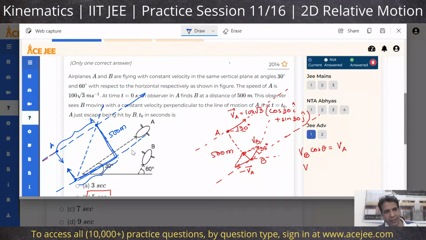They will miss each other. Yes? Yes, sir. Okay. I'm using that logic to say VB cos 30 equals VA. So VB equals VA, which is 100 root 3 divided by cos 30. Cos 30 is root 3 by 2, so it's 200.